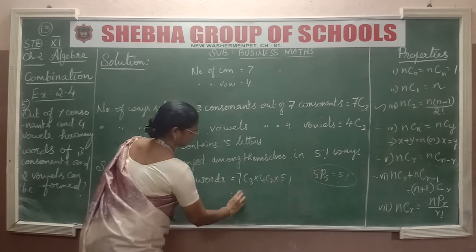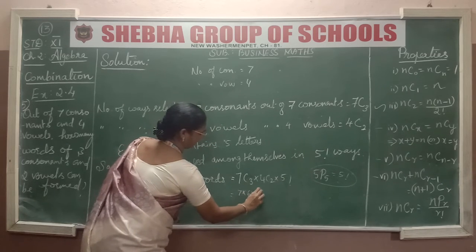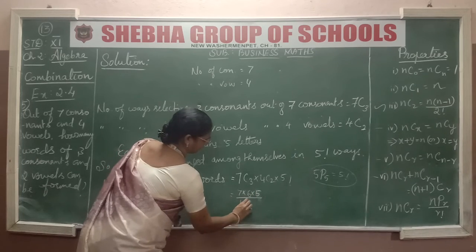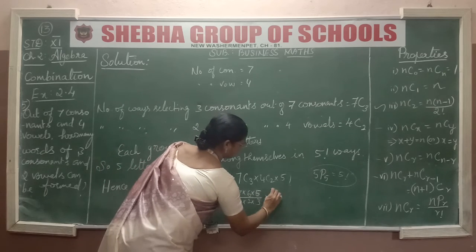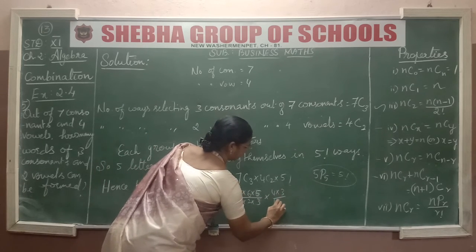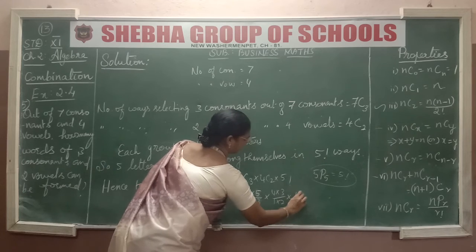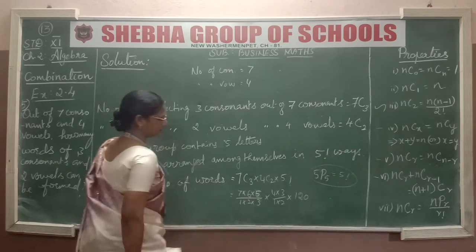This is equal to 7 into 6 into 5 by 1 into 2 into 3, and 4 into 3 by 1 into 2, into 5 factorial. 5 factorial is 120.